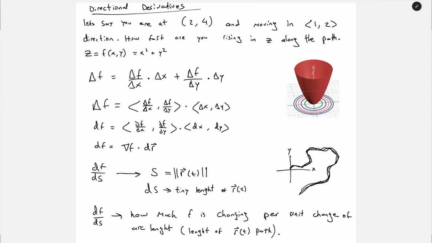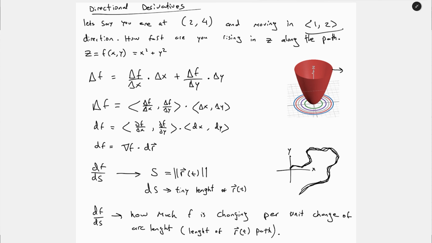And how, if you are at a specific location and you are going in a specific path, you could calculate how efficient this path actually is. So if you want to go up on a curve as fast as possible, you go in the direction the gradient is pointing. If gradient says go this way, then go that way to go fastest up.